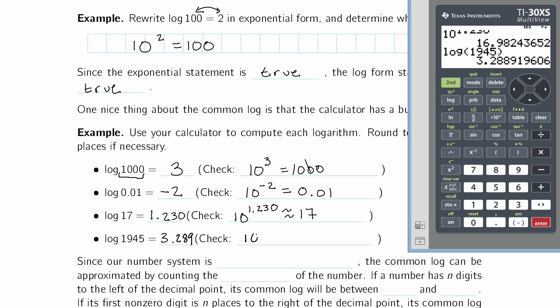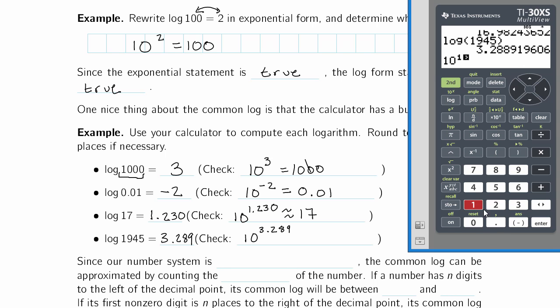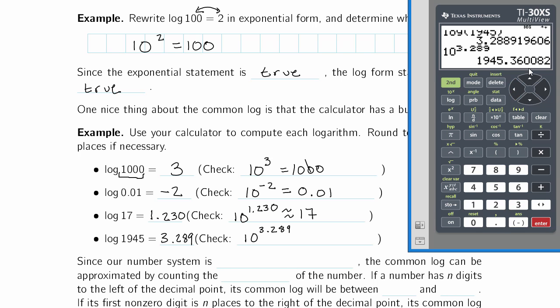If we take 10 to the 3.289, we don't expect to get exactly 1945, but we get 1945 and a little bit. So we get about 1945, as we expected.